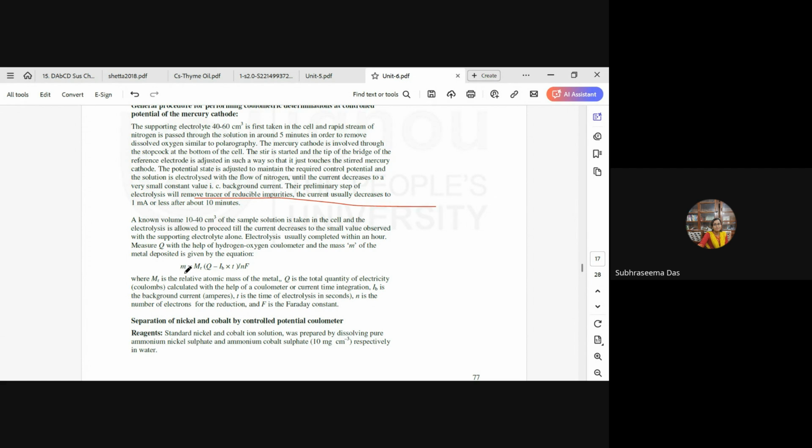The mass of the metal deposited on the electrode can be calculated here. Here we have a term I_B. Q represents the total electricity consumed, and I_B represents the background current in amperes, and it has to be subtracted from Q.